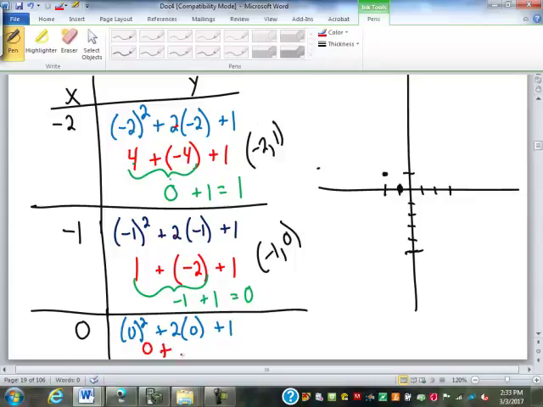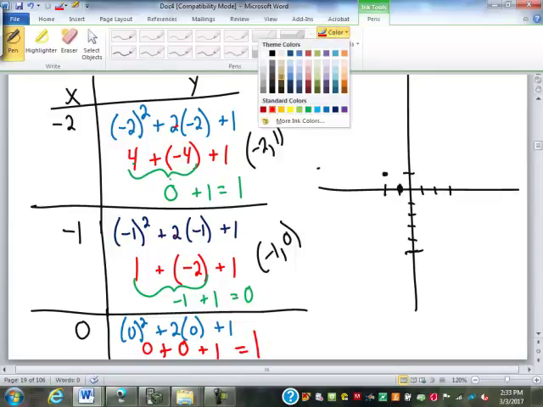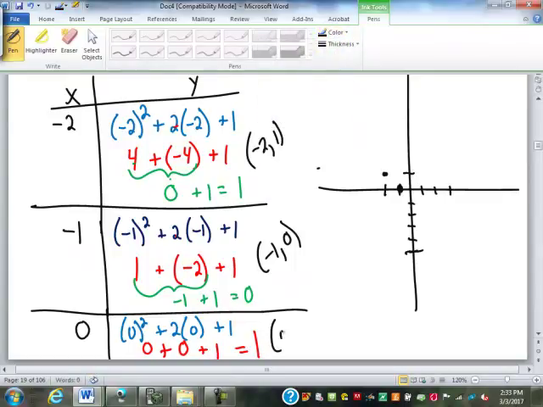What's 2 times 0? 0. So 0 plus 0 plus 1 is 1. Okay. So when x is 0, y is 1. So x is 0, y is 1. Looks right there. But we can see already from just those 3 points, this is definitely not going to form a line. It's going to form some other type of curve.